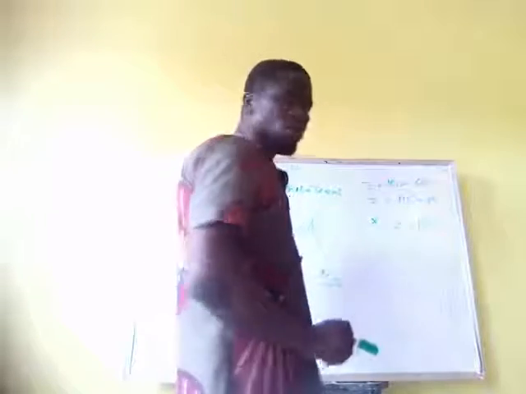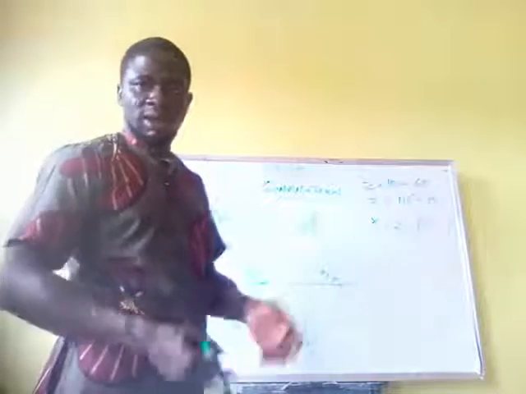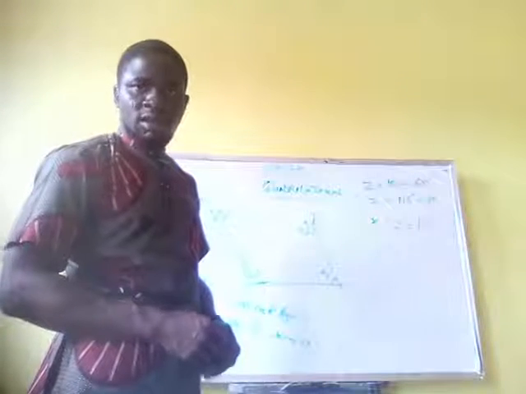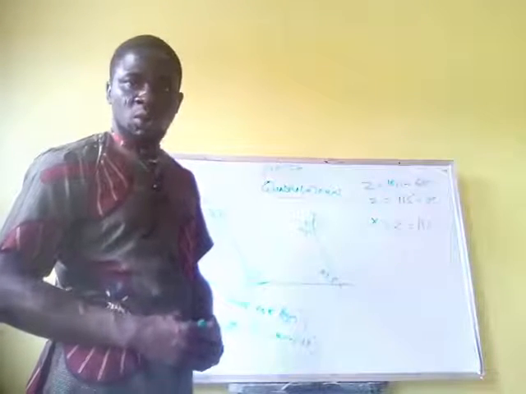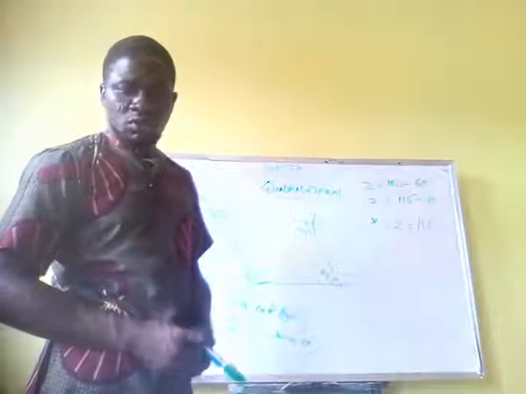So there is no much problem in solving quadrilaterals or parallelograms. The only thing is for you to know the laws. Once you know the laws, that's the end of the story. So we solve the last one.